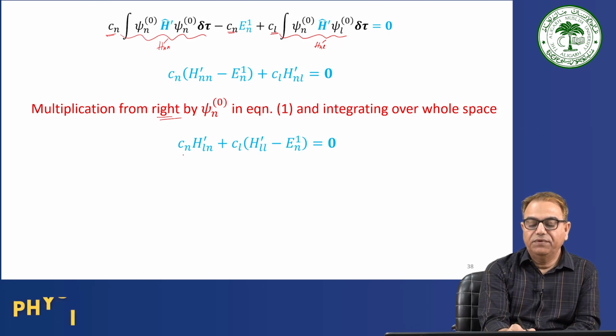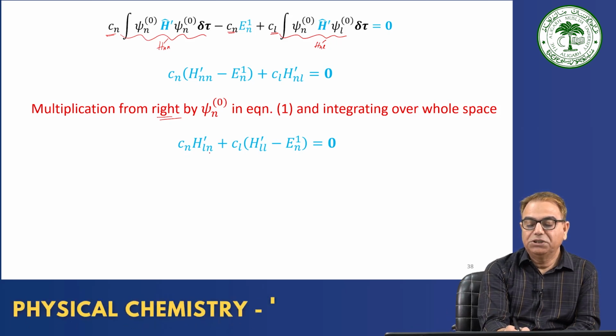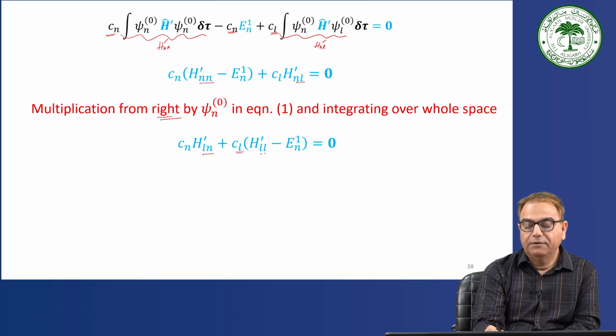Now here the coefficient of Cn will be H prime ln. It's nl, it's ln. Okay, so the sequence changes, and then the coefficient Cl will have the value H prime ll minus En1. So this is nn, this is ll.